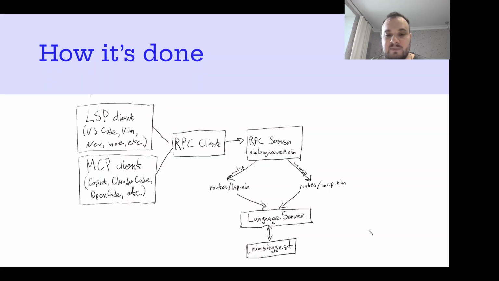This type is responsible for the nimsuggest communication. So you can see that nimsuggest does not know or care if it's serving data to VS Code or Copilot, because it doesn't really matter. All it cares about is providing data for a language server, and the language server is then responsible for serving the data either through MCP routes or LSP routes. So this is the only part that basically changed.